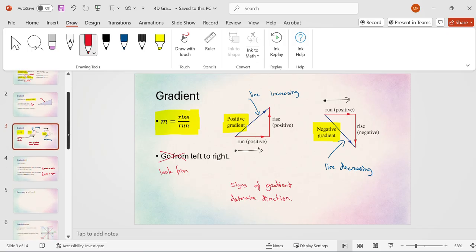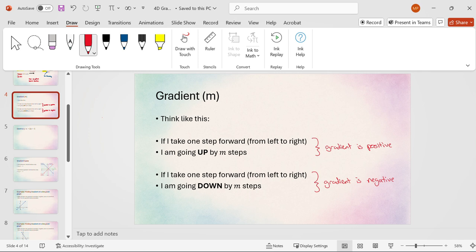Okay. Now, this is pretty much just what I reiterated, but it's here. Another way to think about it is, if my gradient is positive and I take one step forward, I'm going to go up. And if my gradient is negative and I take one step forward, it's going to go down instead. Okay.